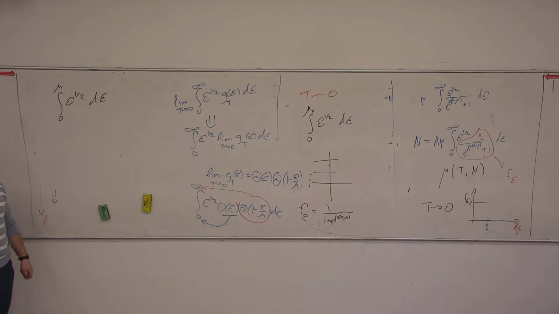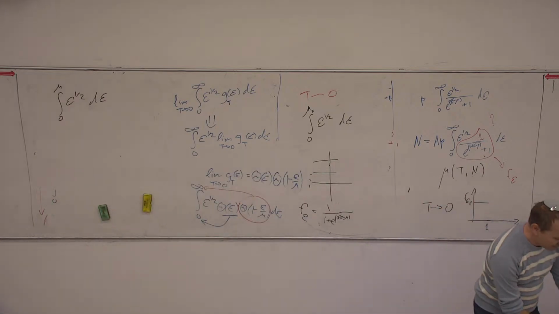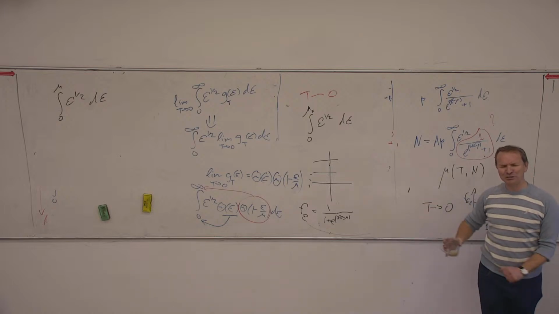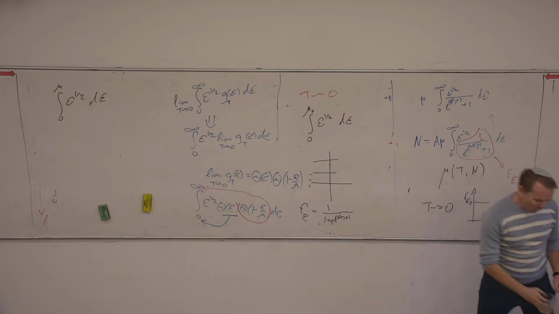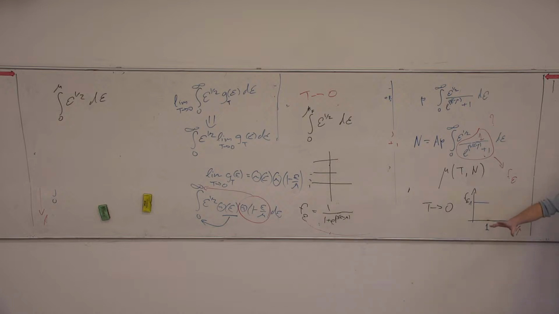We started by saying we want to calculate the dependency of mu as a function of n and t, and we keep taking the limit of t to 0, because I cannot solve this for any general t. For a general t, it's not exactly a theta function. It's something like this.